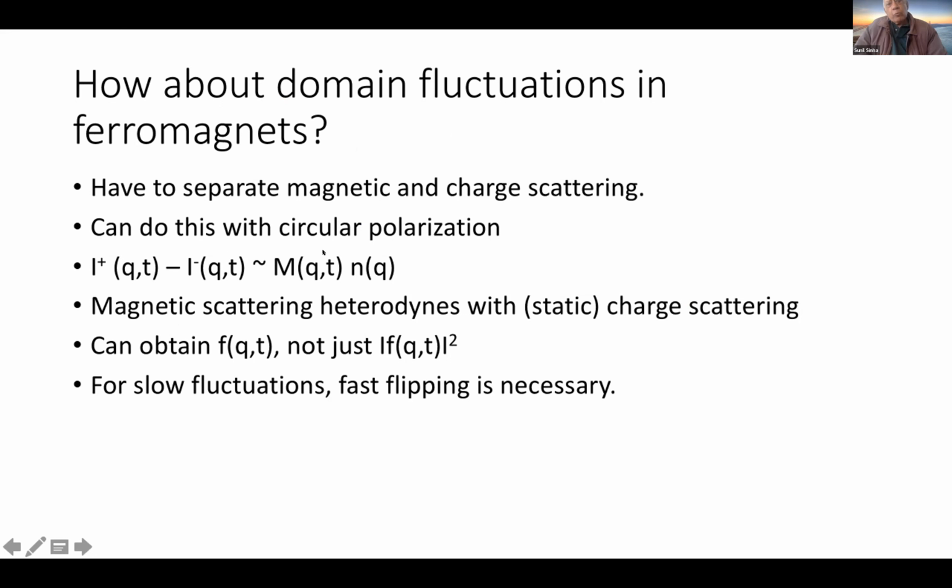So even with a weak ferromagnet, because the charge scattering is so strong, you can get a rather big signal in I+ minus I-. And you can obtain f(q,t) and not just the modulus |f(q,t)|². But for slow fluctuations, fast flipping is necessary. Otherwise, you're looking at I+ and I- at effectively different times. You have to flip very fast and look at slow fluctuations.